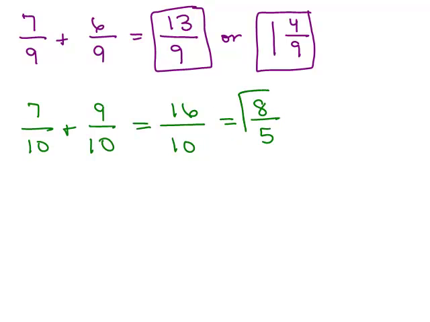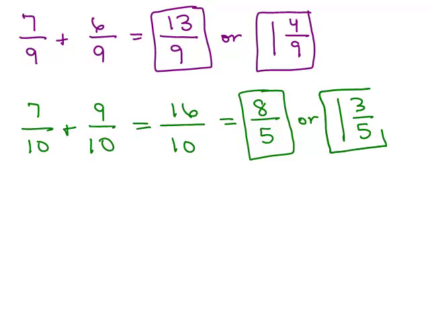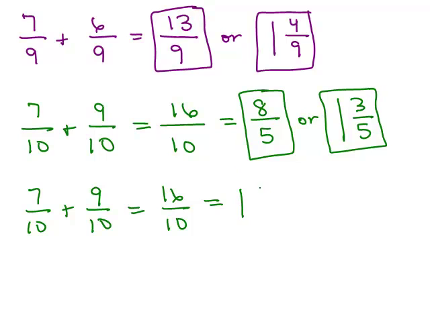So it's an improper fraction, which is fine, or you could change that to a mixed number by doing 8 divided by 5. Now, alternatively, when you have 7/10 plus 9/10 and you got 16/10, if you notice it's an improper fraction, you could divide first before reducing. So let's see what would happen if I had done that. 16 divided by 10 is 1, and I've got 6 left over, 6/10.